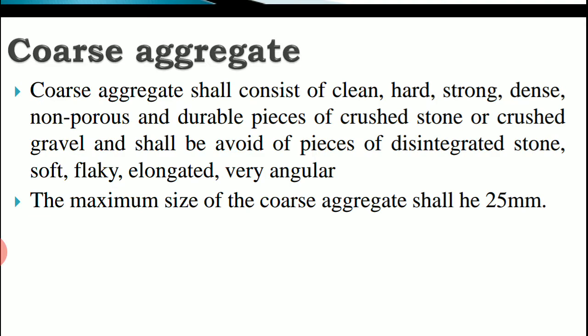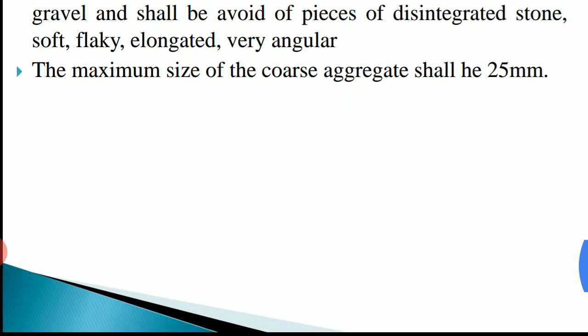So if they have used that, it may lose the property where exactly it has been used. Even that place comes under cracks, and it acts as a disintegrated part. And we need to avoid soft, flaky and elongated materials, and we can even avoid the angular materials also. And here the maximum size of the coarse aggregate shall be 25 mm.